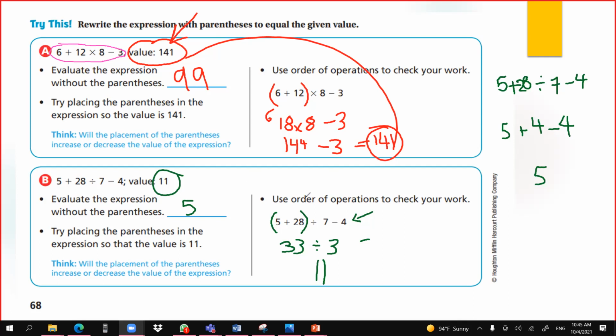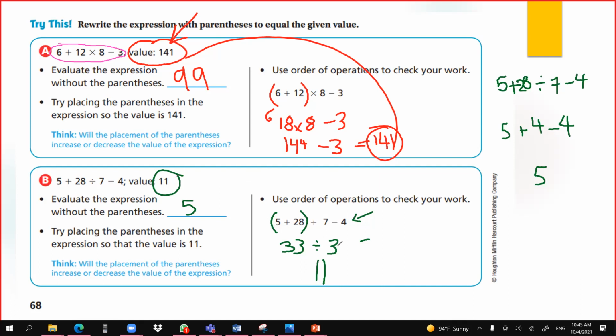No, but if you have division, you cannot start first, subtract first. I will repeat. Now, you put first the parenthesis. You get 5 plus 28 is 33. But I want the answer to be 11. So I mean that I need to divide 33 by 3 to get 11.